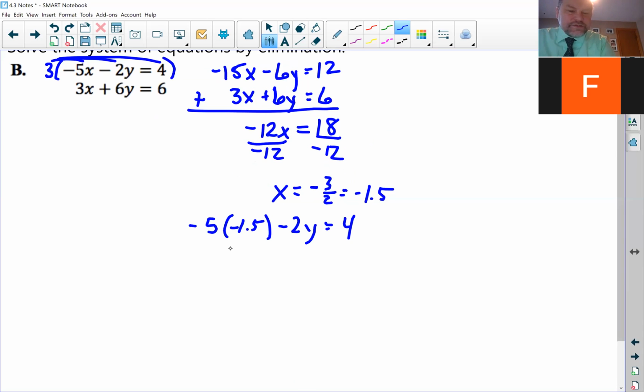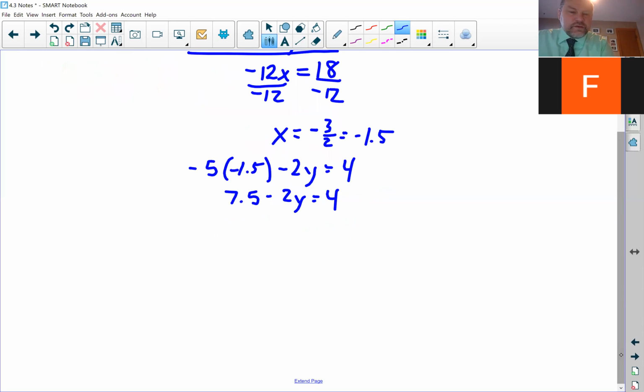This is positive 7.5 when I take negative 5 times negative 1.5. Subtract the 7.5 from both sides.